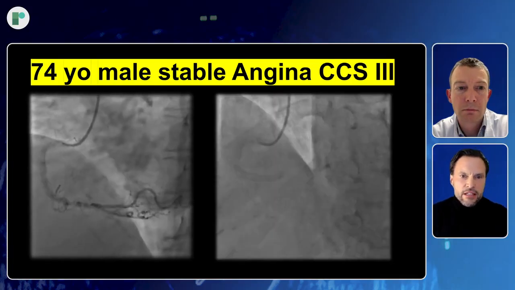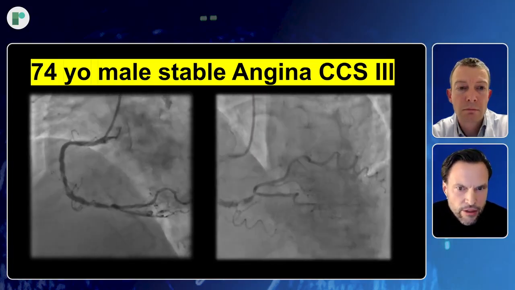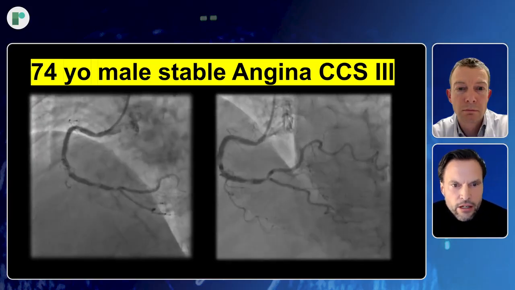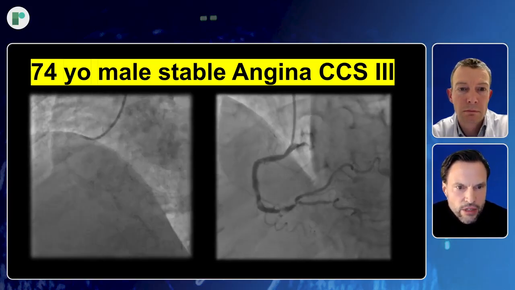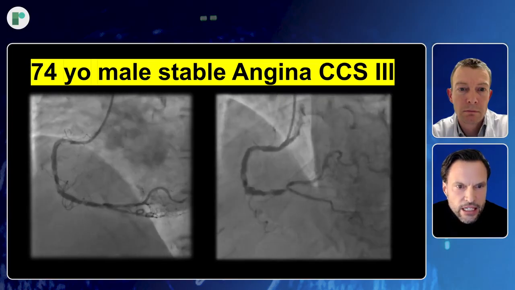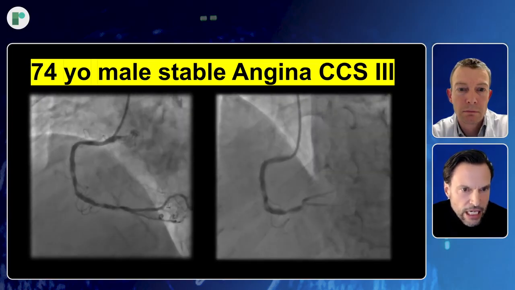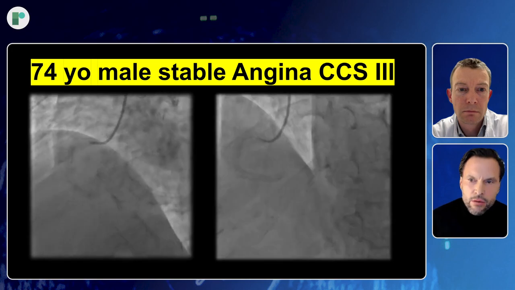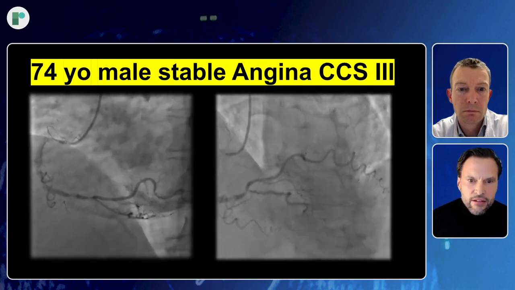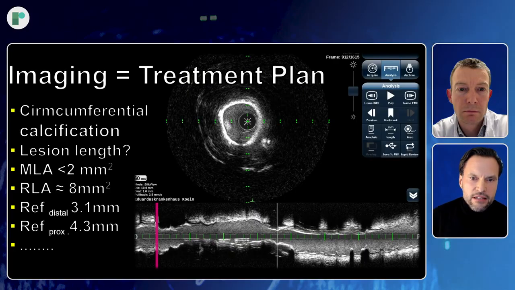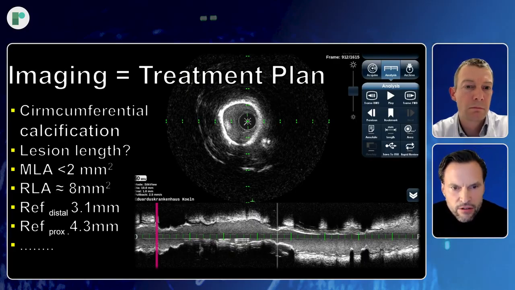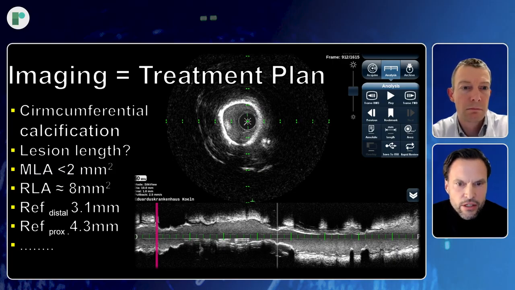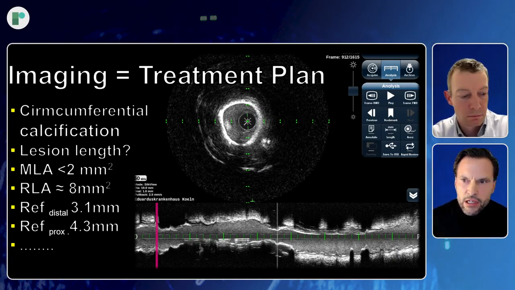I think this is a patient where we see, already from the first angiogram, that there's relevant disease of this RCA, and it seems that there might be a lot of calcification. But once again, to really understand this lesion, the amount of calcium and the amount of disease, the length of stent that might be needed, and so on, it is really important to have the information from intravascular imaging available in such a patient.